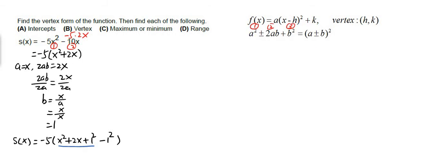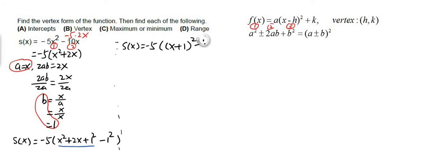What is a? a is x. What is b? b is 1. So we can write S(x) equals negative 5 times (x plus 1) squared minus 1.